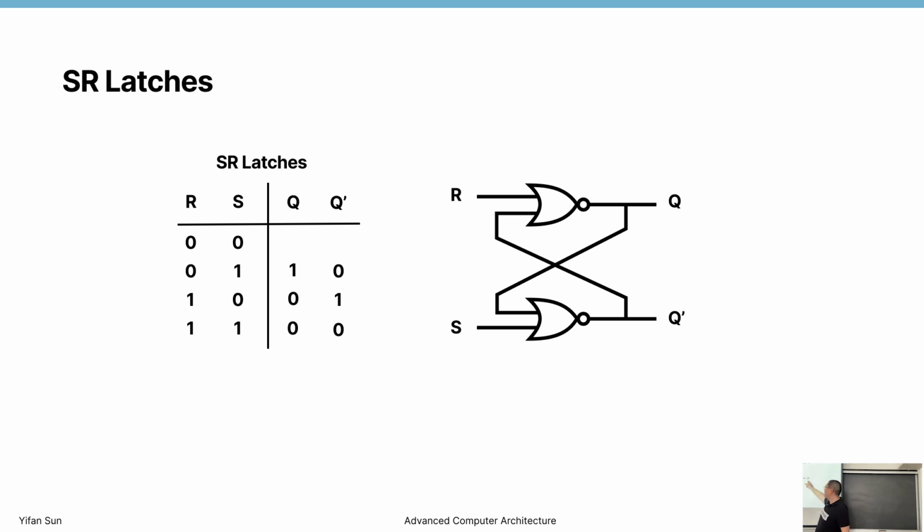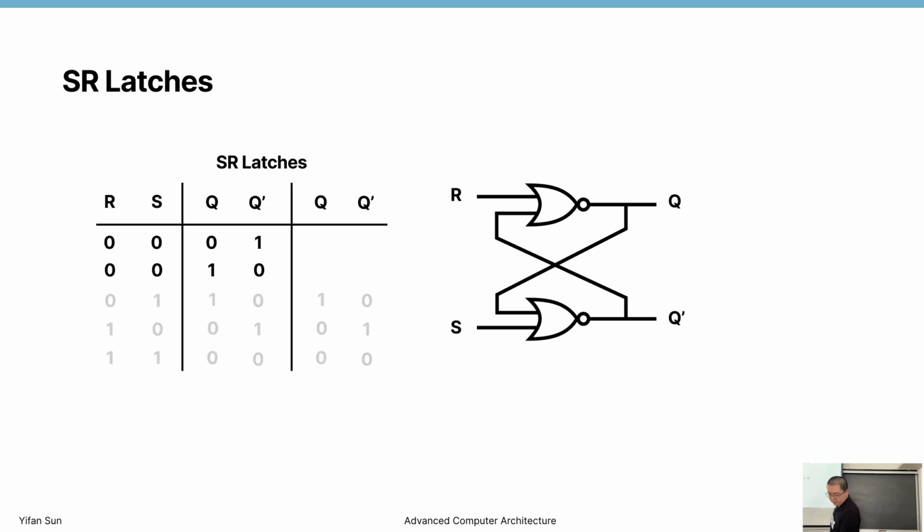Now if Q is 0, then this OR gate is not connected, and the output will be 1. So basically, if R is 0, we can only tell that Q equals Q prime prime, not Q, right? So Q equals Q, basically.